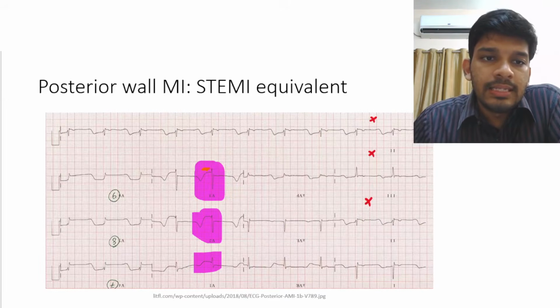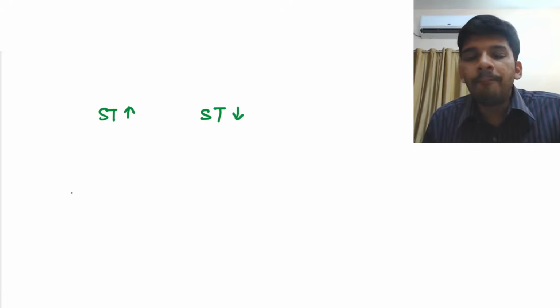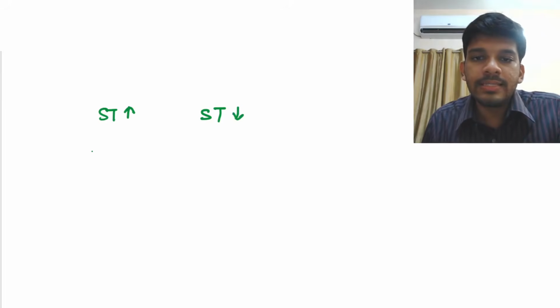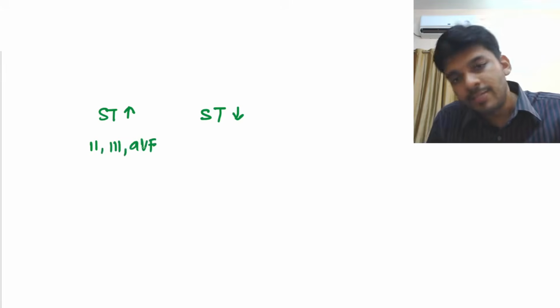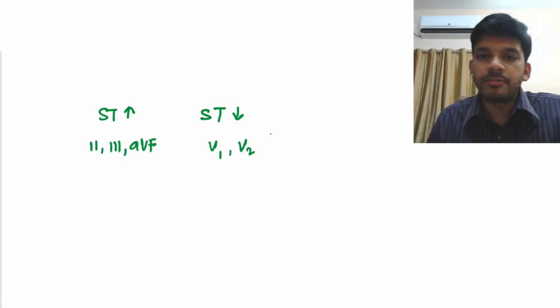The funda here is that what people observed was that often there are ST segment elevations in some leads, the mechanism of which we talked about is injury vector or injury current, and in reciprocal changes you get ST depressions. For example, you get ST elevations in 2, 3 and AVF, so the expected reciprocal change is in V1, V2, something like that.